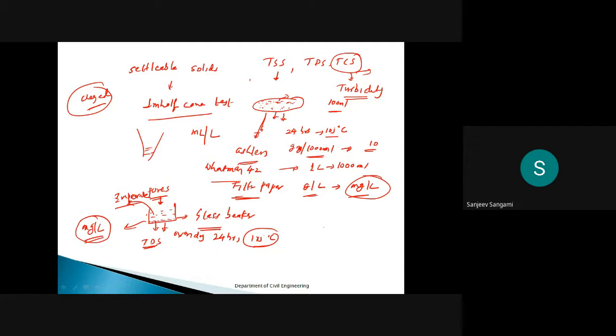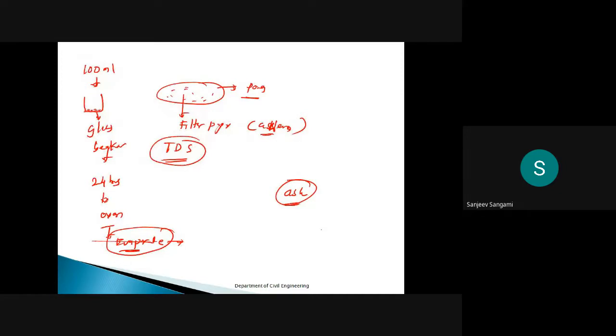Then we have discussed total fixed solids and total volatile solids. If you want to calculate total fixed solids and total volatile solids, see, we already collected some of the total suspended solids, TSS, onto the filter paper.